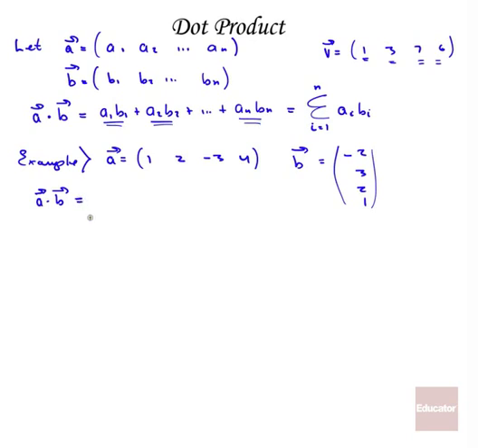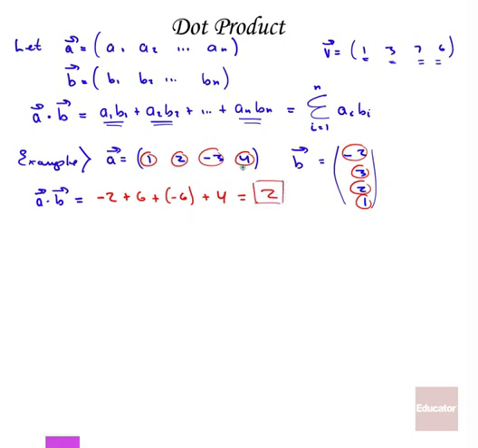So I take A1 times B1, which is 1 times a negative 2, which is negative 2, plus 2 times 3, which is 6, plus negative 3 times 2, which is minus 6, plus 4 times 1, which is 4. Well, that equals, so the 6's cancel, negative 2 plus 4 gives me a 2.